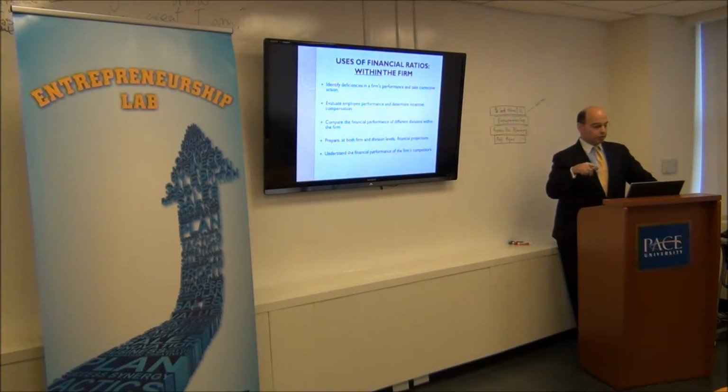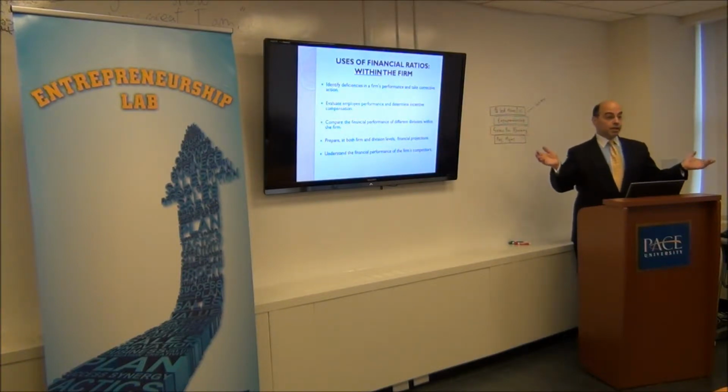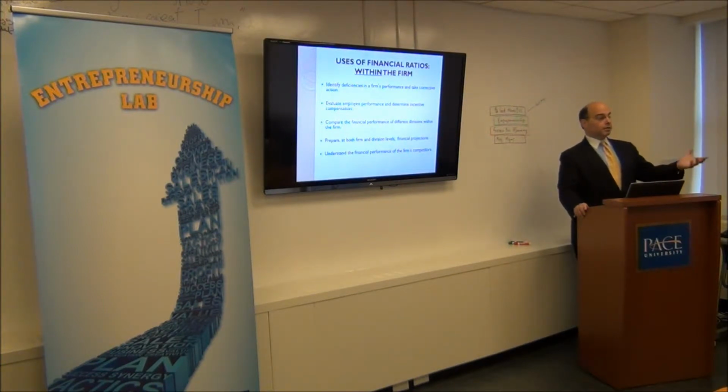I'm not just going to read off these bullet points; they're on the slide, but again, you need to use them to manage your business. For example, if your accounts receivable turnover is going up, and we'll get into that, from 30 to 40 to 50, you need to take action. I'll explain why when we get to that. That's an example of taking corrective action.